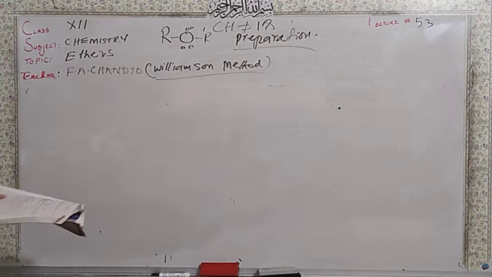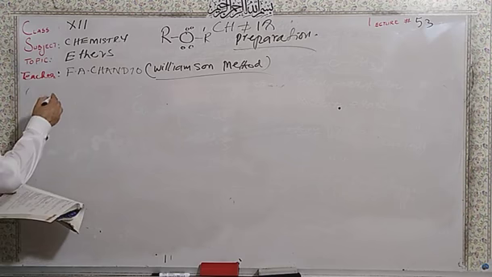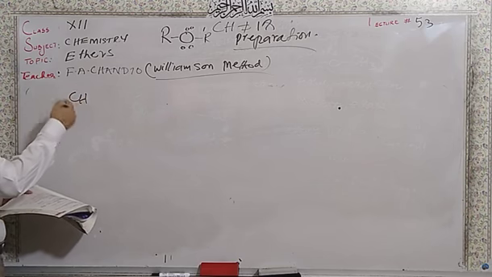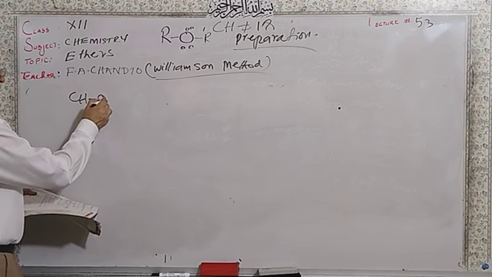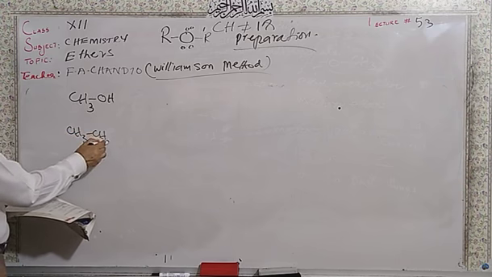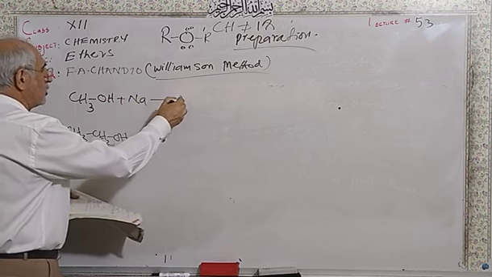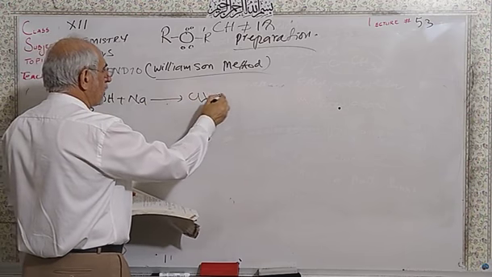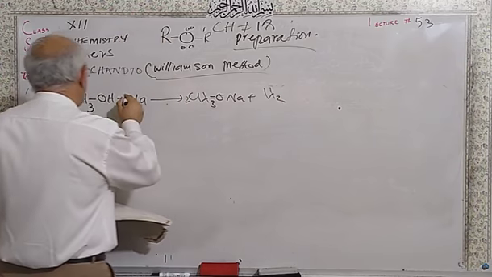In this method, you use an alkyl halide with an alkoxide. The alkoxide will be prepared. You can use methoxide or ethoxide. Suppose you are using methoxide, that means methanol. You can also use ethoxide, that means ethanol. So methanol reacts with sodium to give sodium methoxide plus hydrogen gas.